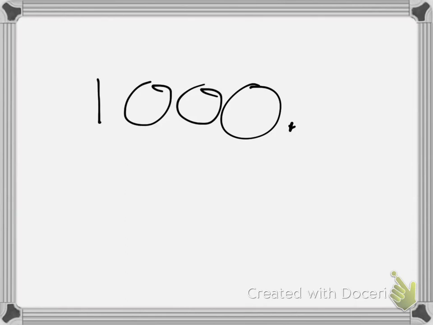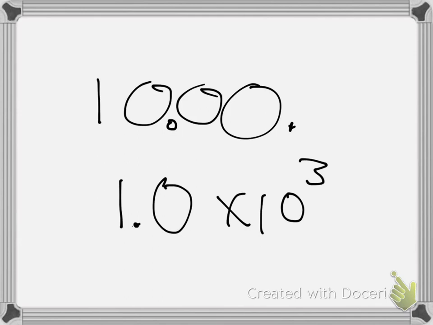Well, we can't put a decimal point here in our number because that would change the value of our number. So instead, we can put it into scientific notation and say 1.0 times 10 to the 3rd. And by including that 0 after the decimal point there, we indicate that that 0 is significant. Because if you have a non-zero digit before the decimal, zeros after that become significant.